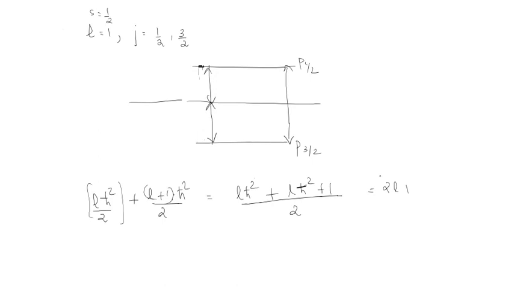Here I have an H cross square. It will be 2L plus 1 H cross square by 2, right? Won't it be so? Yes, okay. So this is the separation between the two split energy levels.